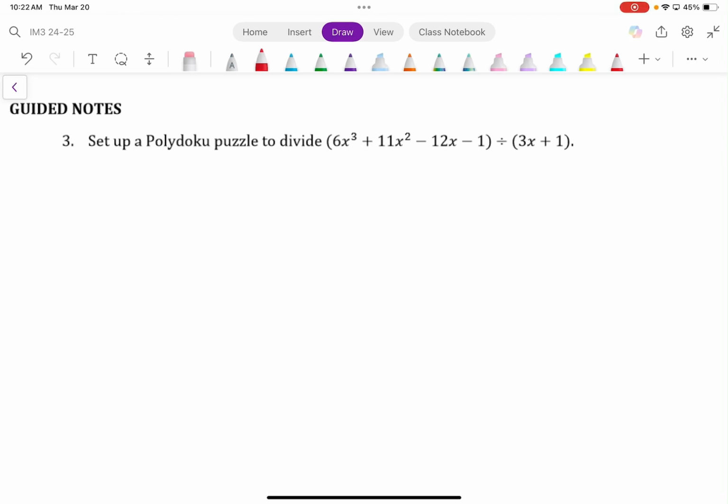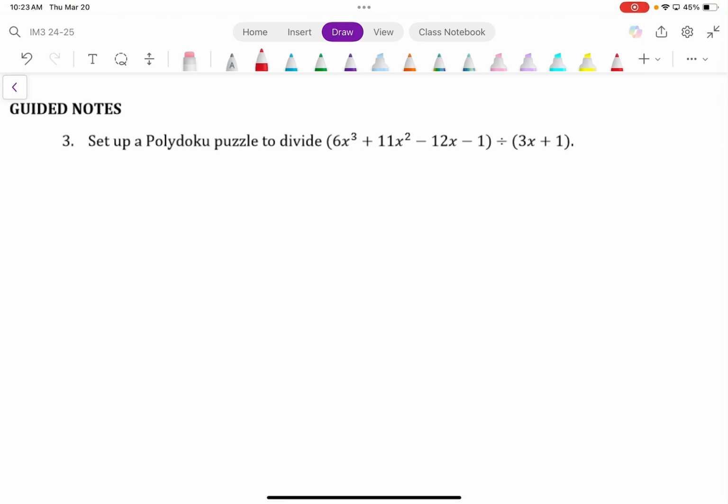The number of columns for your area model is determined by the biggest exponent in the equation. Look at the first equation, 6x to the third plus 11x squared minus 12x minus 1. What is the biggest exponent in that statement? 3. So you need an area model with 3 columns. How do you determine the number of rows? You look at your factor. How many terms are in your factor?